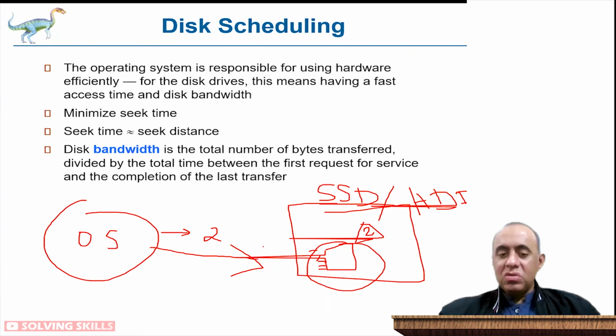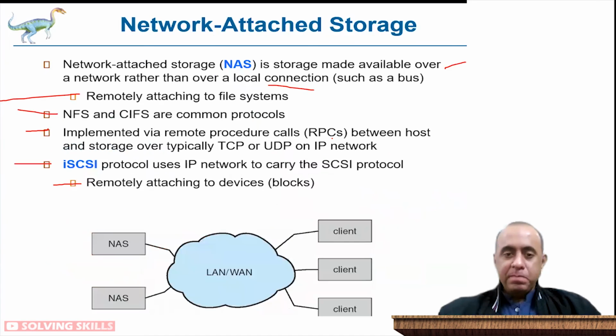This computer is going to translate this logical address into the physical address on the physical surface of this mass storage, and we will not be concerned with that too much for now. We will simply think in terms of logical addresses. So now, any questions from this part?